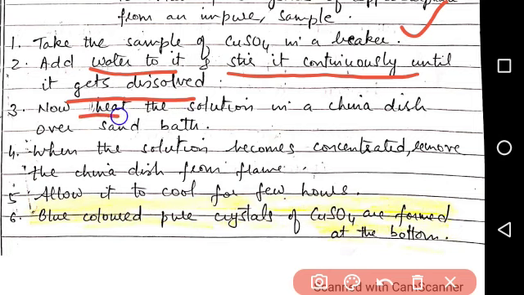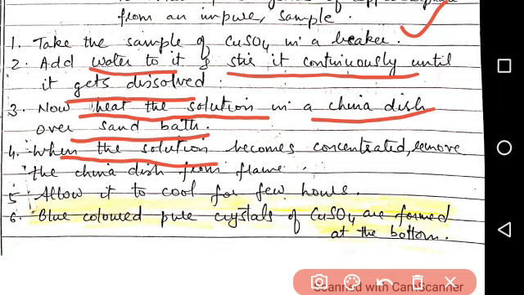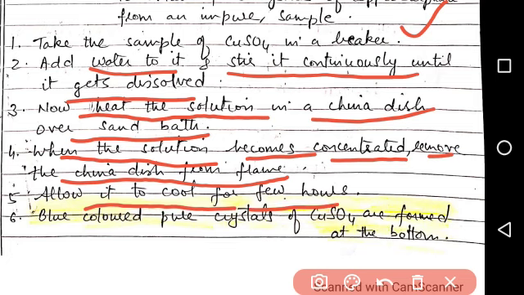Third point, now heat the solution in a china dish over a sand bath. Fourth, when the solution becomes concentrated, remove the china dish from the flame. Fifth, allow it to cool for a few hours.